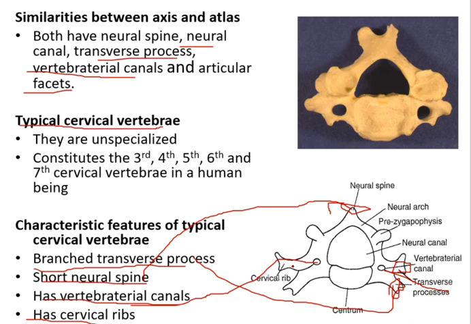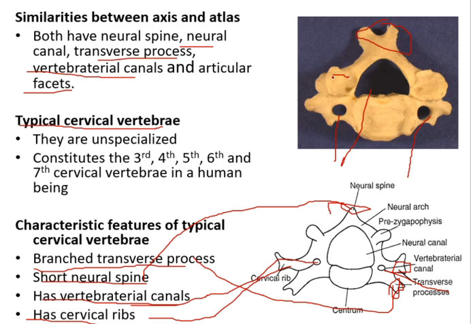Then the presence of cervical ribs, which help in attachment of muscles. Another view we have here: this is a neurospine for attachment of muscles. Neural canal here for passage of the spinal cord. Vertebral canal here and here for passage of nerves and blood vessels.